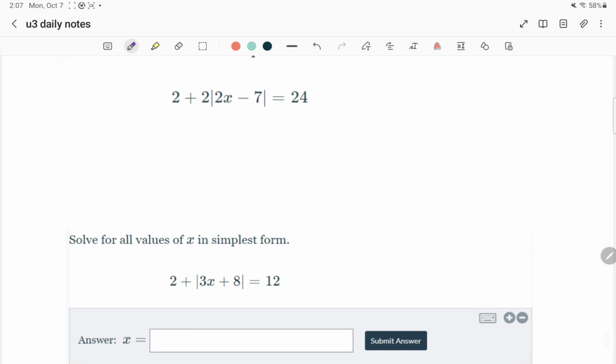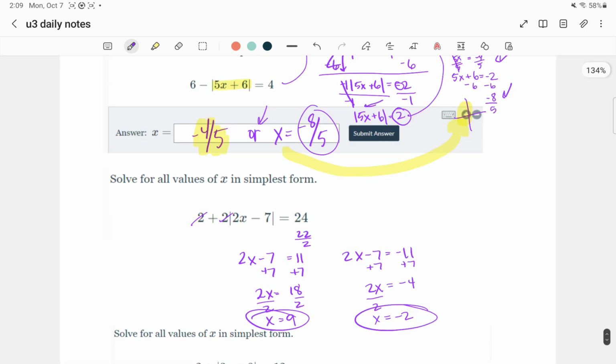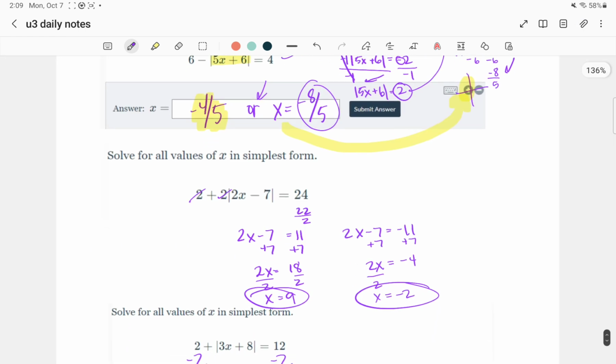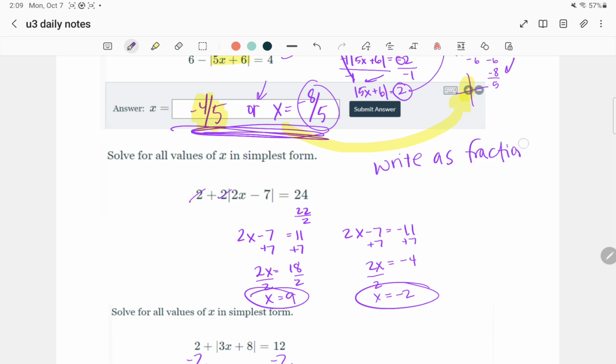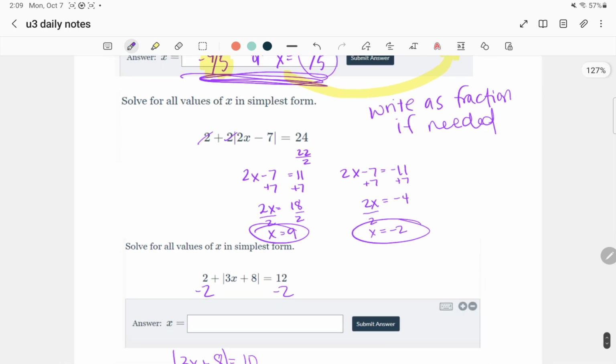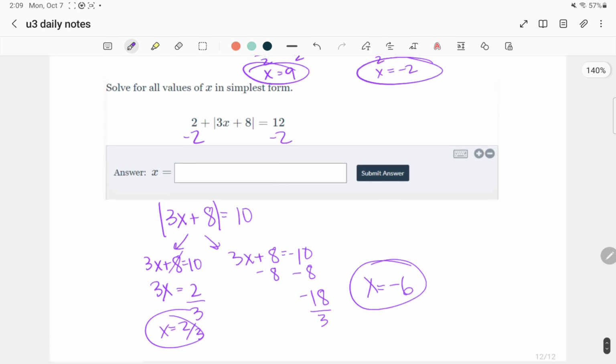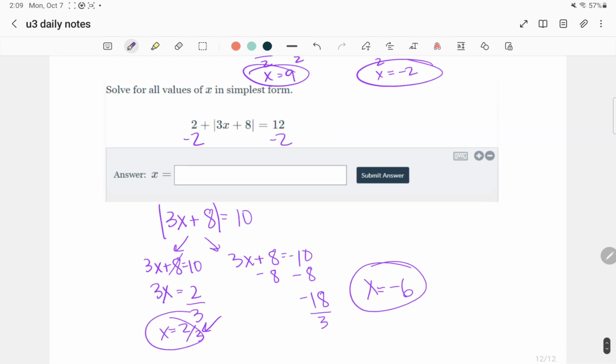Okay, I'm going to write these ones super fast. You check for yourself, make sure you're doing it right. Okay, here's the last 2. Okay, notice we can get fractions. I highly recommend always writing it as a fraction if needed, because sometimes you'll get fractions that are over 3.